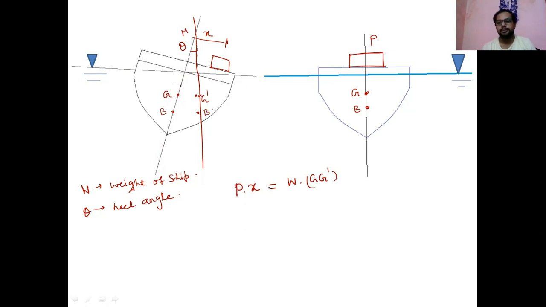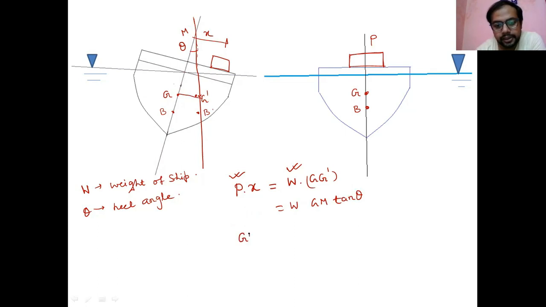Here W is the total weight of the ship, and P is the loose weight displaced across the ship by some distance. So what is GG dash? GG dash is nothing but GM tan theta, because GG dash by GM is equal to tan theta.